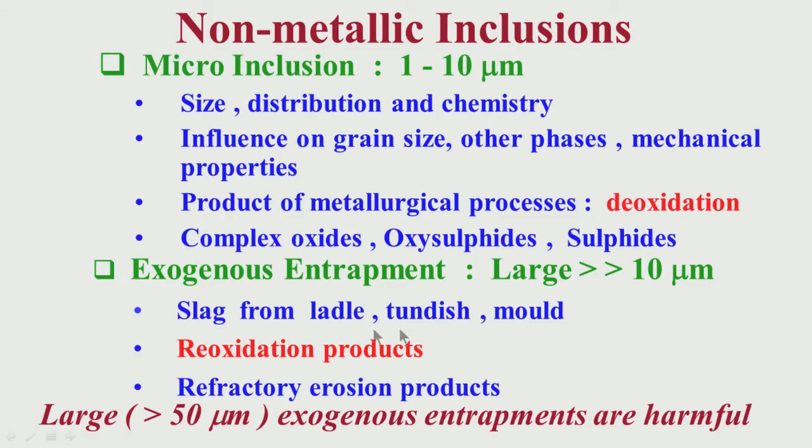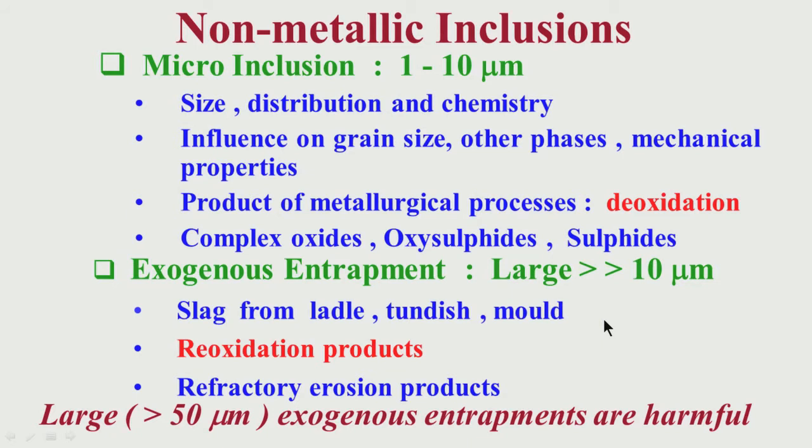But these slags, whether from the basic oxygen furnace, the ladle, the tundish, or the mold, which may be a continuous casting mold or an ingot mold, where some slag forms because we add a powder which forms a particular slag, the mold slag, should not get entrapped in steel.